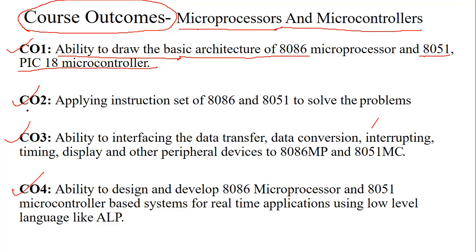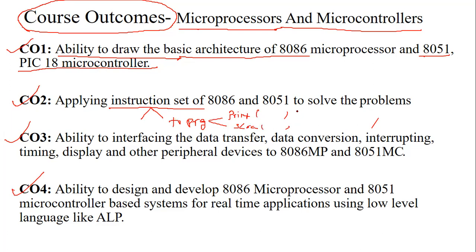Then CO2, nothing but course outcome 2. After completion of the syllabus, the student is able to apply the instruction set. You know the instruction set. What does the instruction set mean here? A set of instructions to write the program. Like in C language, we have some instructions like printf and scanf, each with a specific format.